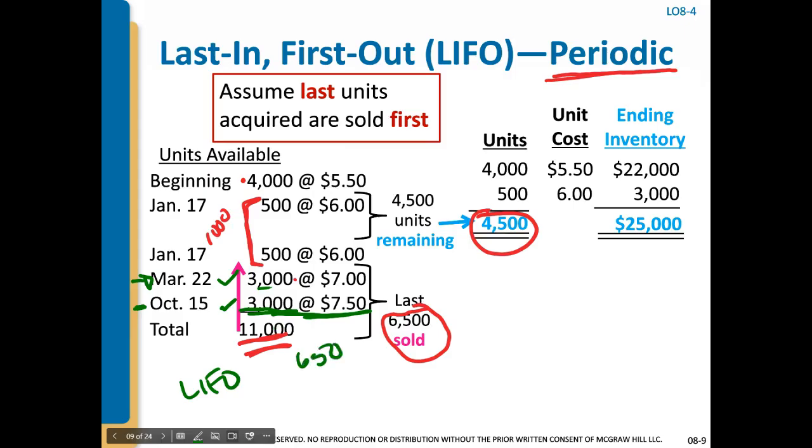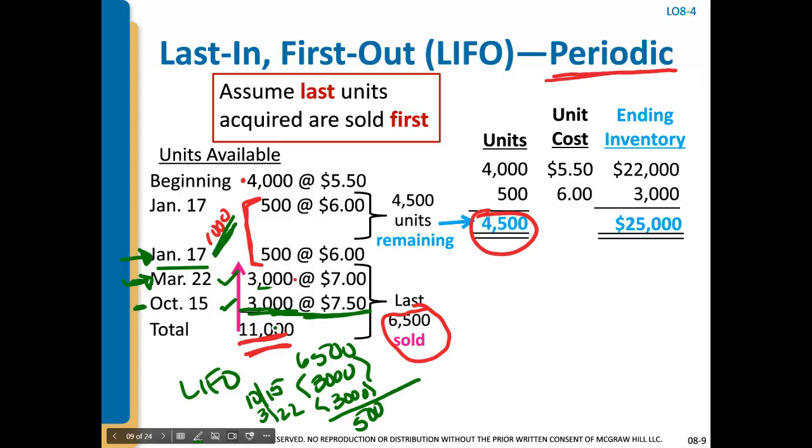So if we're told 6,500 units are sold, we've allocated 3,000 using the October 15th batch, and then we've allocated another 3,000 using the March 22nd batch, which leaves us with 500 units remaining to be allocated. And so we just keep moving up. After this batch is used, we use the next most recent batch, which is the January 17th batch.